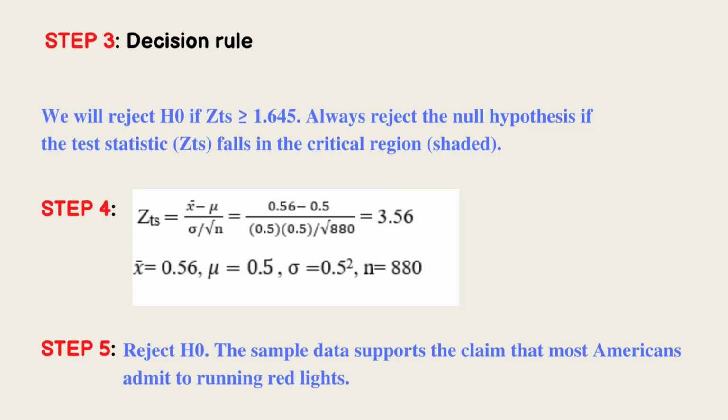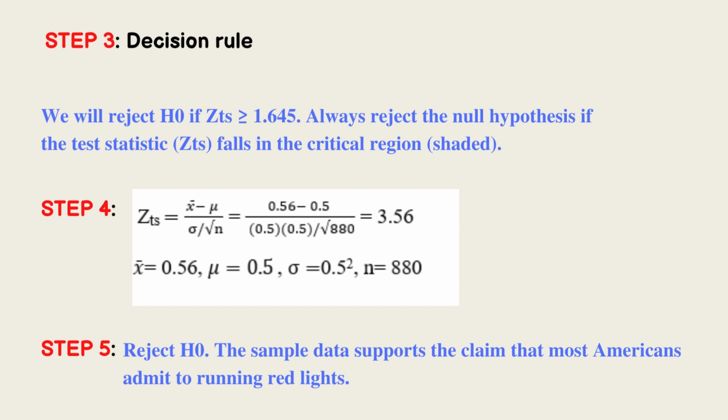Step 3. Decision rule. We reject the null hypothesis if the test statistic is more than 1.645. Always reject the null hypothesis if the test statistic falls in the critical region, which is the shaded region. Step 4.